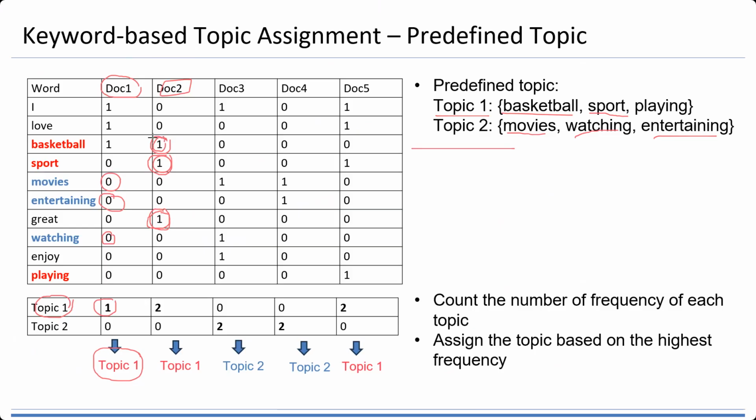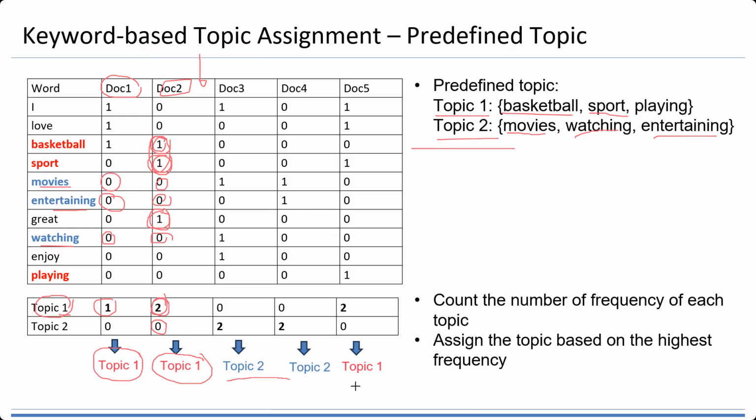Then, in this case, we have 2 words in topic 1. What about topic 2? Movie is 0, entertaining is 0, and watching is also 0. Then topic 2 is 0. So we can say that document number 2 belongs to topic 1 because it shows high frequency on topic 1.